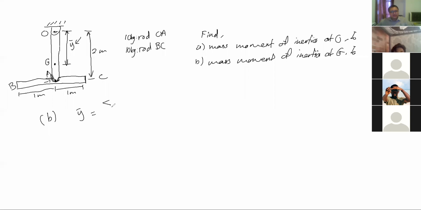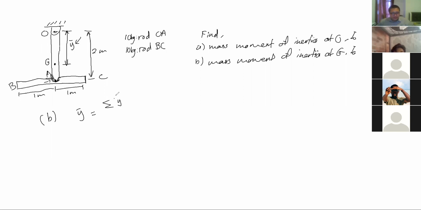Y bar is the summation of the individual distance of the centroid of each of these objects. You can call it d or whatever you want, but in the books, I think we just follow what appears in the books.